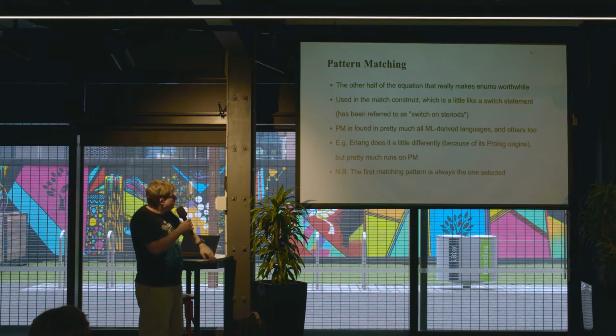And so pattern matching is found in pretty much all the ML derived languages, which Rust is typically one of. Don't worry if you don't know what that means. I've got examples of that, so things like OCaml and F# and Haskell and Swift actually. And Erlang, which again is a functional language, does pattern matching a little differently, basically owing to its origins, originally implemented in Prolog, but it pretty much entirely runs with pattern matching.